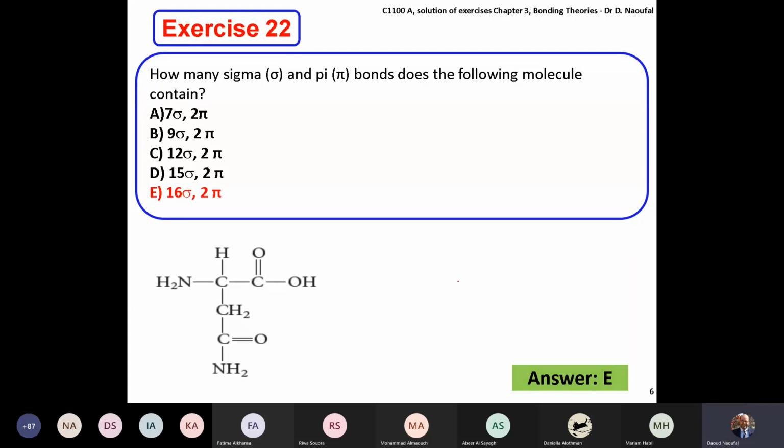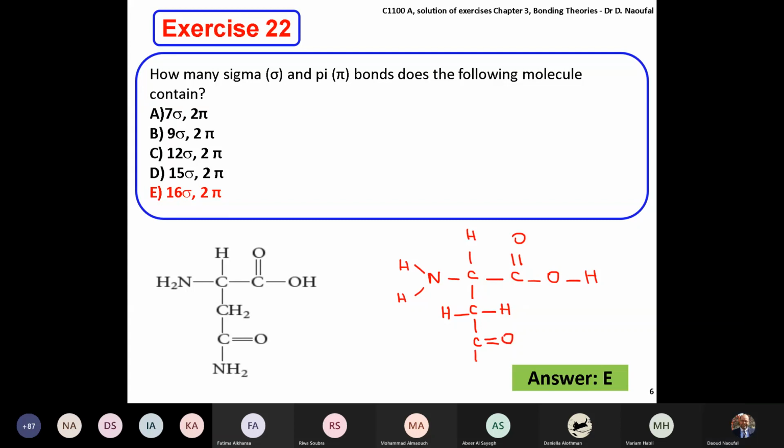So I have to write the hydrogens: N, H, H, C, H, C double bond O, O, H. I write only the bonds without writing the lone pairs, because the question is on the type of bond, sigma or pi.